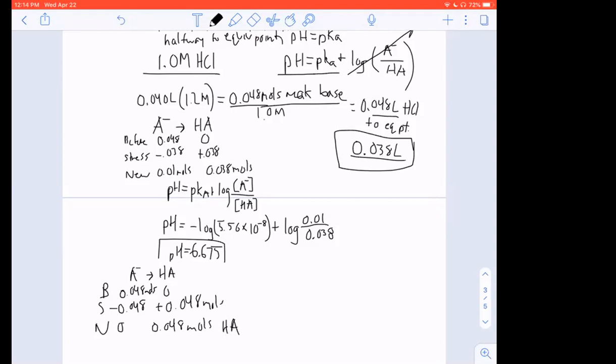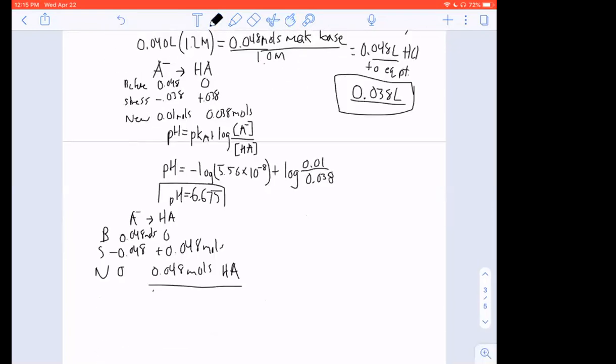And at this point then, you can't use the Henderson-Hasselbalch equation just because all that's left is actually this weak acid. So this comes back to finding the pH of a weak acid. So you do have to find the concentration first, and to do that, it'll be similar to what I just said for the last one. We said at the equivalence point already that was going to be 0.048 liters. So in this case, to find the new volume, it's going to be 0.048 liters plus 0.04 liters, which was that original volume.